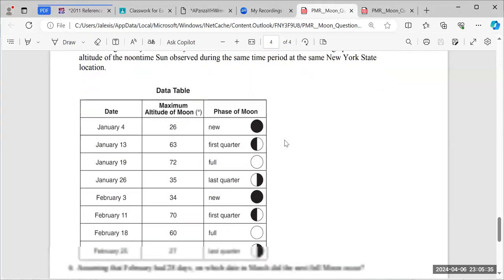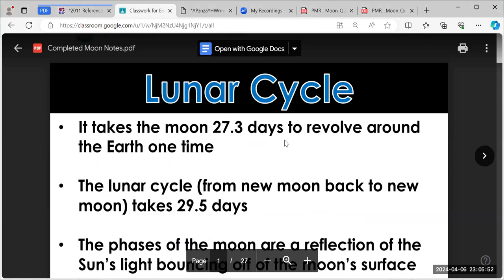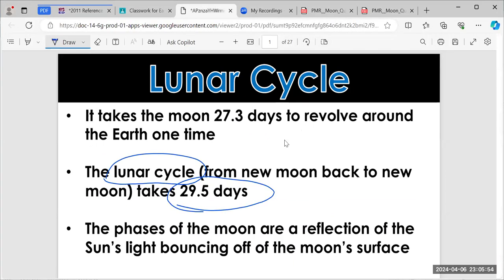All right, so they give us the data table. And question 6 says, assuming that February has 28 days, on which date in March did the next full moon occur? Well, in our notes, what did we learn? We said that the lunar cycle takes 29.5 days to repeat its set of moon phases.